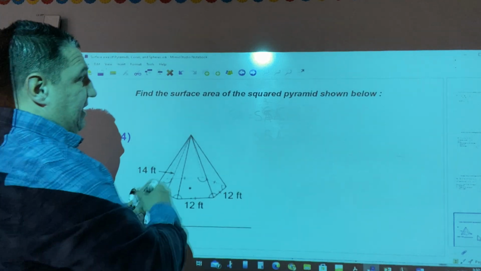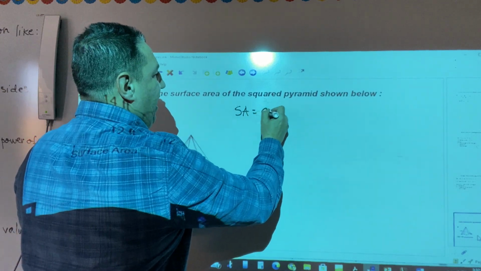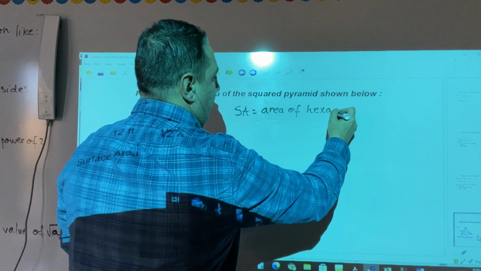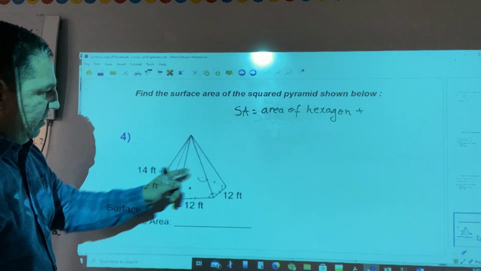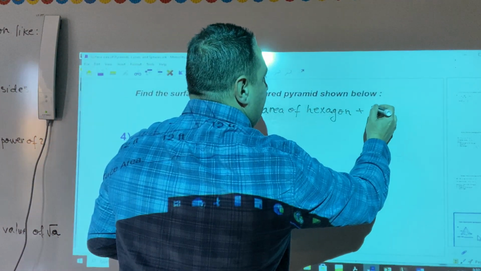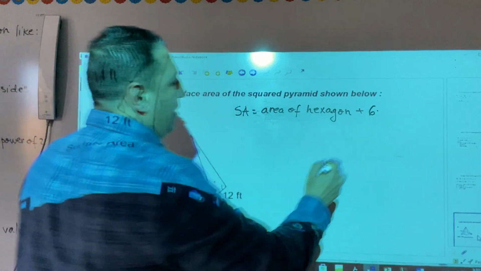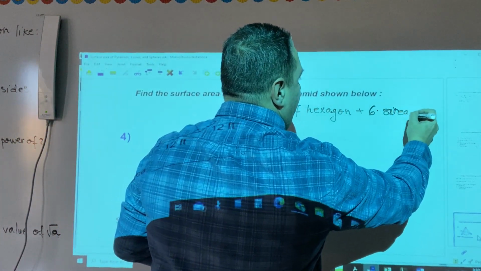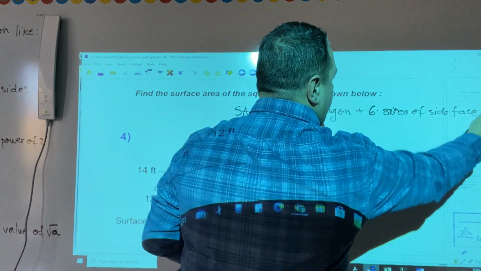We know the surface area would be the area of the hexagon plus six times the area of, let's say, a side face, right?